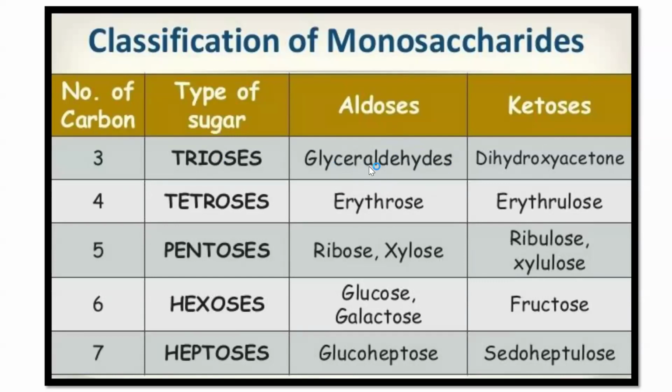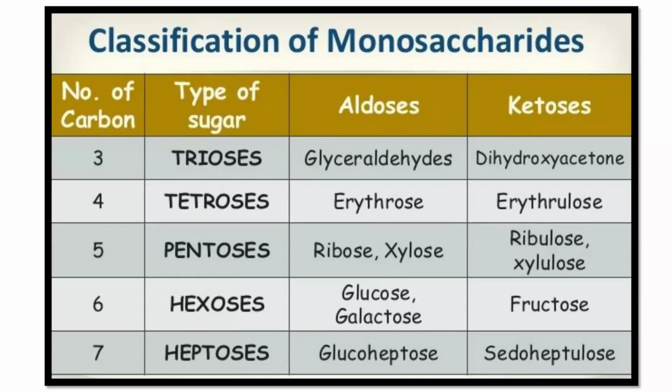That means glyceraldehyde and dihydroxyacetone phosphate both have 3 carbons, although they have different functional groups. Aldoses are sugars that have an aldehyde functional group, while ketoses are those that have a ketone functional group.